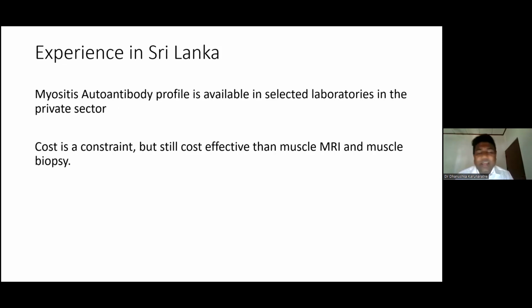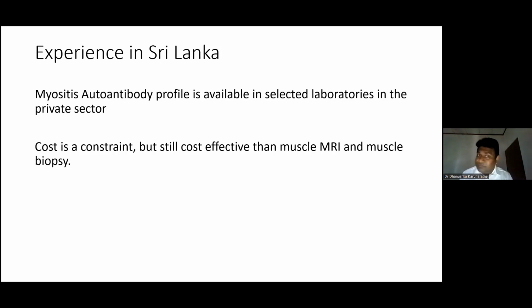But still, I must say that the myositis autoantibody profile is more informative to make a diagnosis, to predict the outcome, and to plan management. Cost-wise, the cost is definitely a constraint, yet it is more cost-effective than a muscle MRI and a muscle biopsy in the private sector.